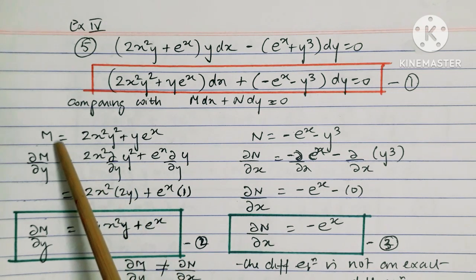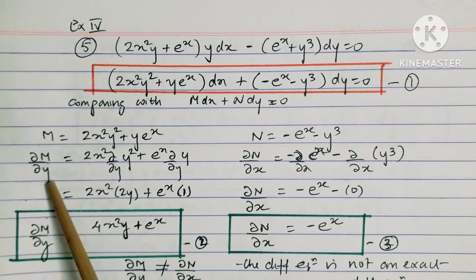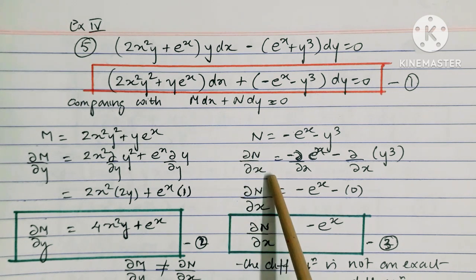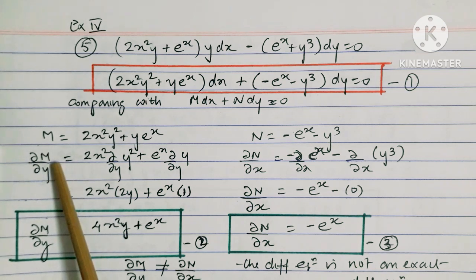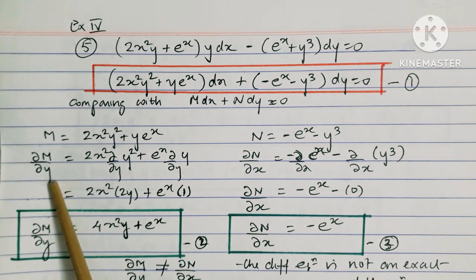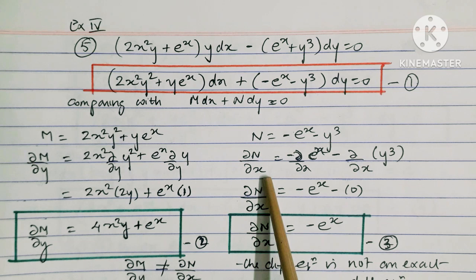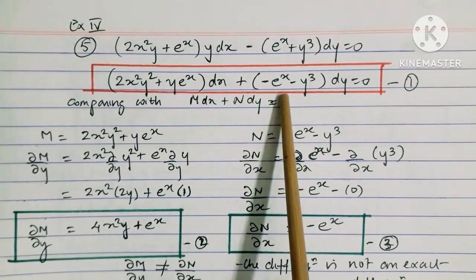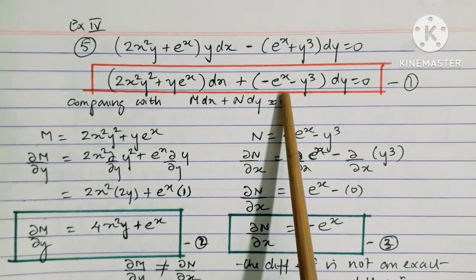We will have to now differentiate M partially with respect to y and then differentiate N partially with respect to x. And if the partial derivative of M with respect to y is equal to the partial derivative of N with respect to x, then we can say that the given differential equation is an exact differential equation.